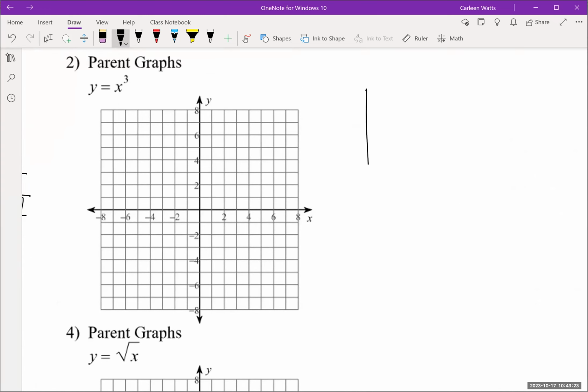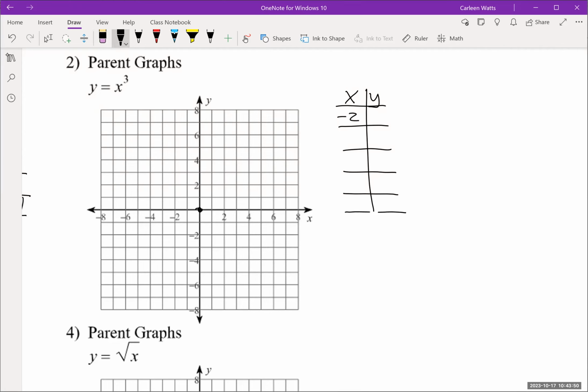Now let's make a table and talk about the parent graph. Okay. We're going to have numbers surrounding 0.